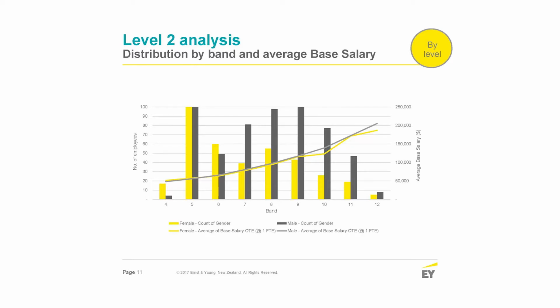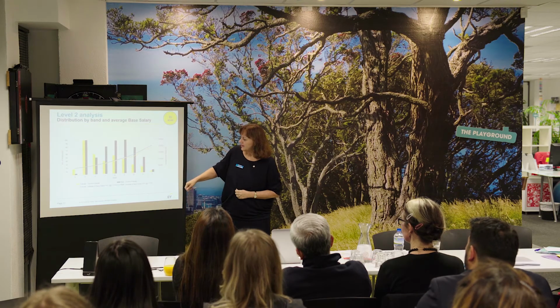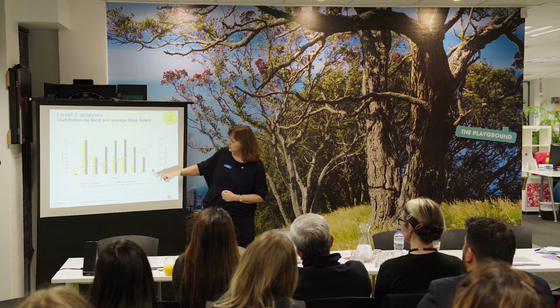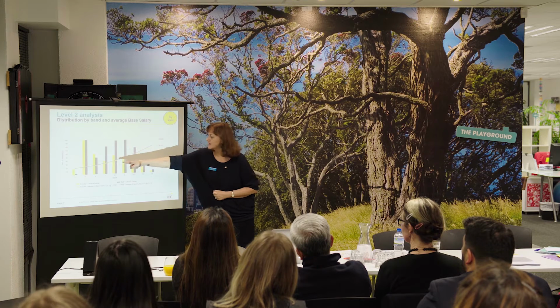Then I started to look at everything by level, and level being, by bands. So the bands are now down this line. And then I've looked at, okay, what's that distribution of males and females? And then we've looked at what is the base salary. How does that look? Where's it actually happening?